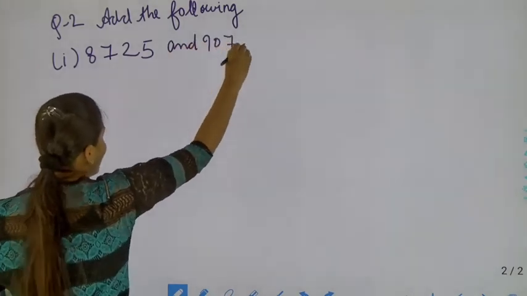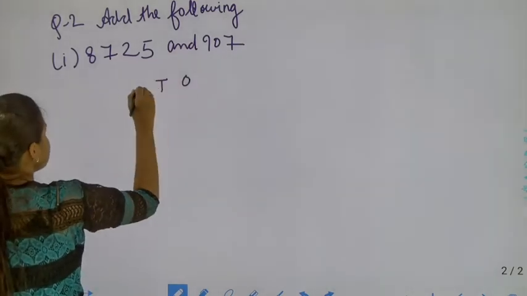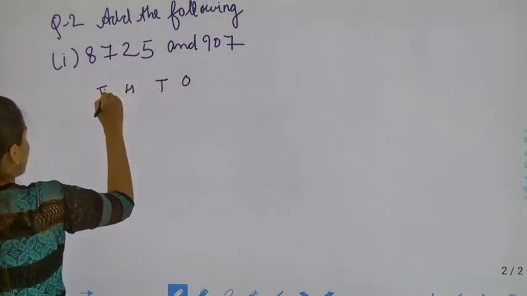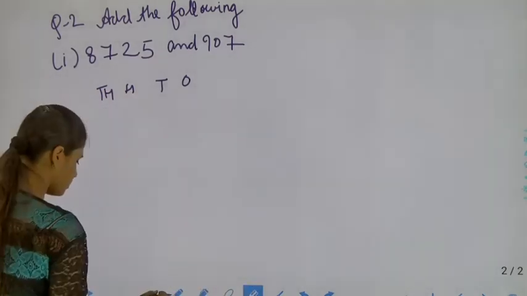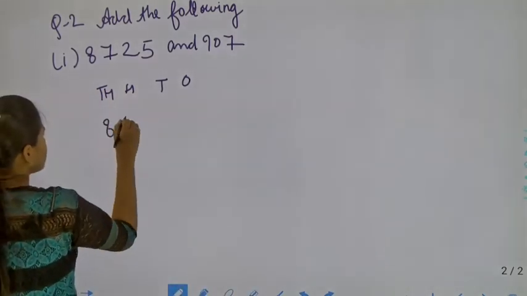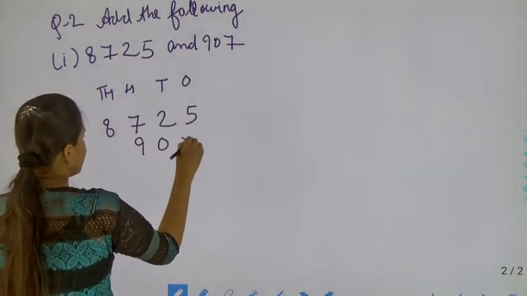First we have to write in the place value, that is ones, tens, hundred, thousand, that is 8,000, 8,725, then 907.